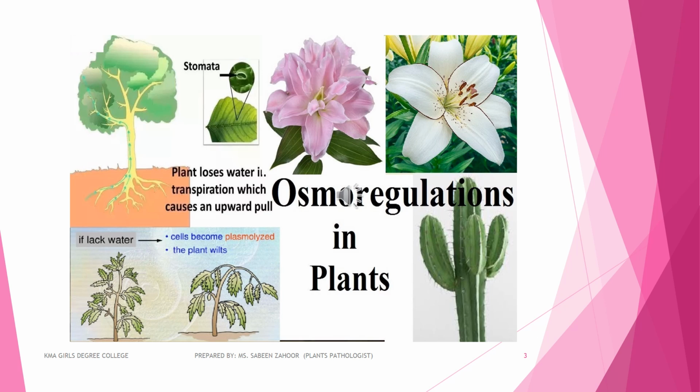Osmoregulation is the regulatory mechanism in which the osmotic pressure of the body is controlled by the plants, which means that the solute concentration and the water content of the body are controlled despite changes in the environment.